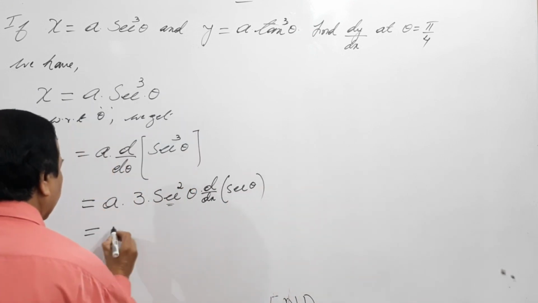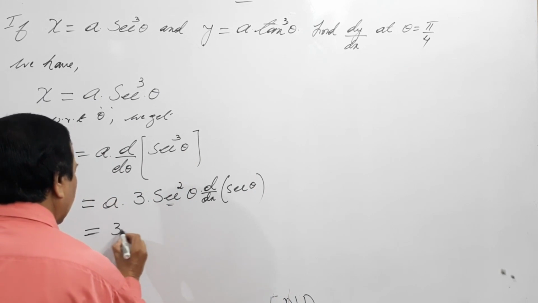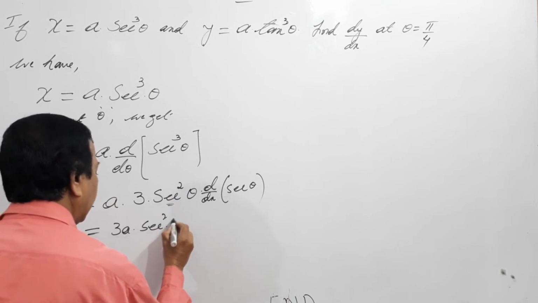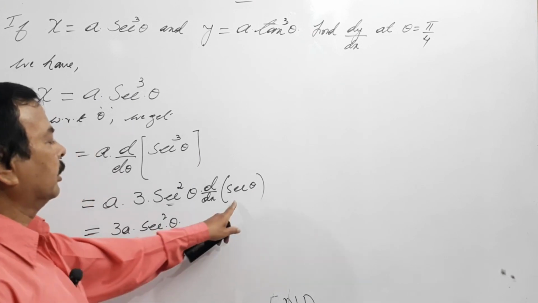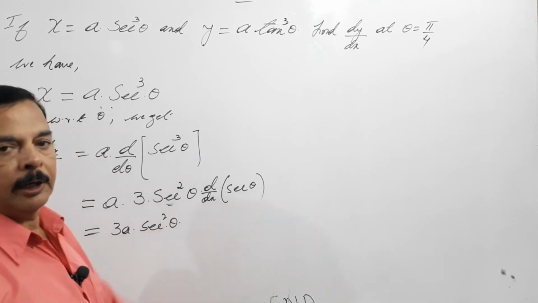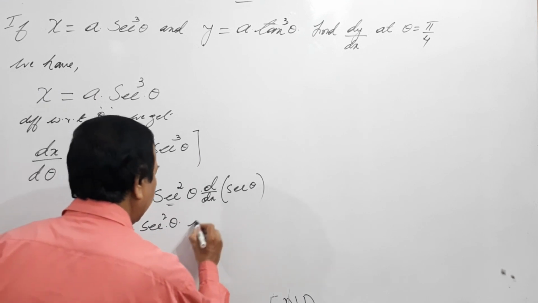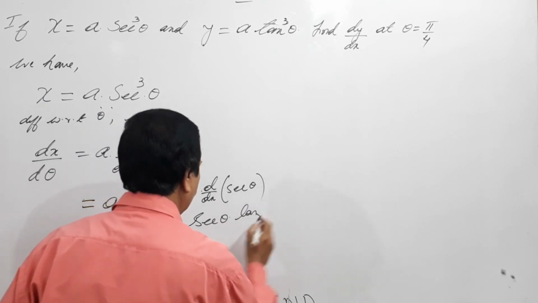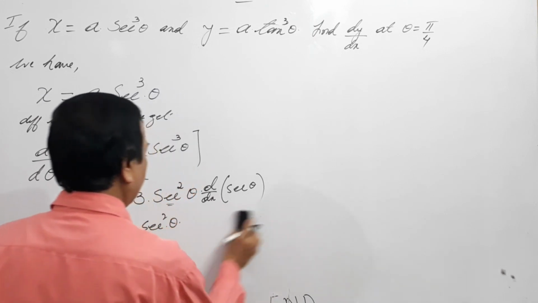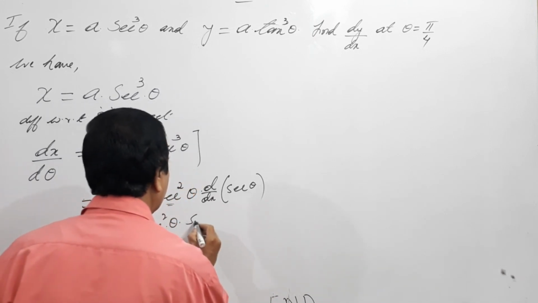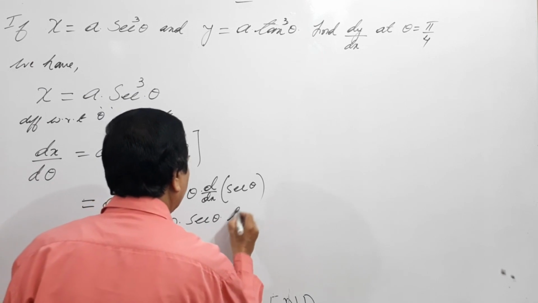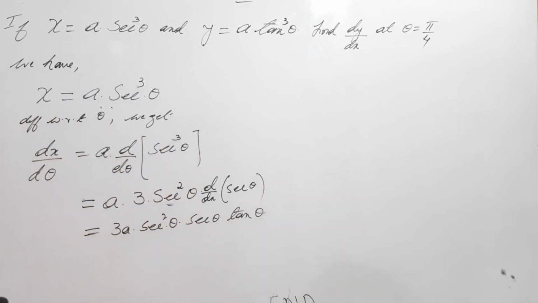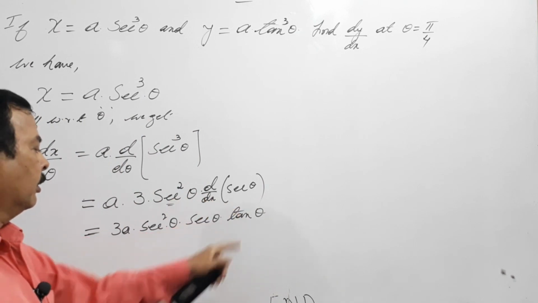So that becomes 3a into secant square theta into secant theta into tan theta. After differentiating this, you got this.